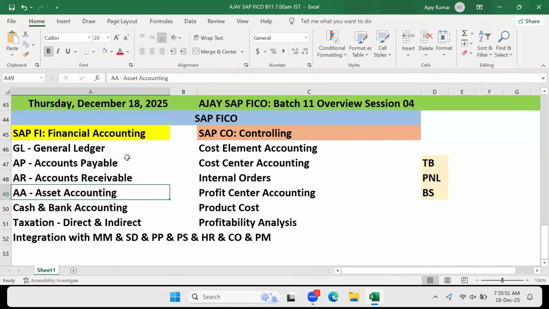Correct or not? Yes. If you are holding these fixed assets, you will be having multiple fixed assets.